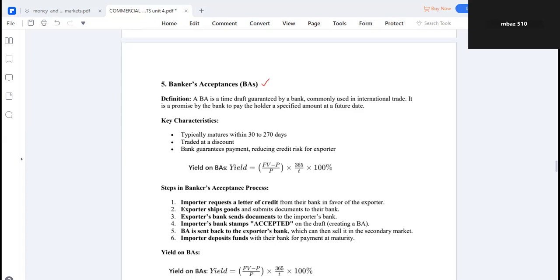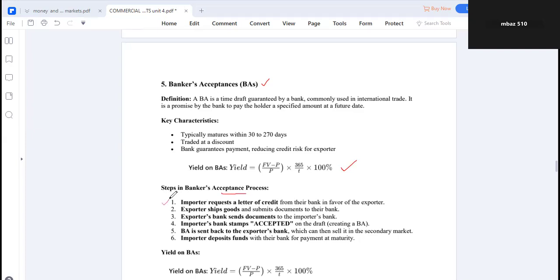They're usually sold at a discount at maturity. So the formula is the yield is the face value minus the purchase price, over price, times 365 over time, times 100.